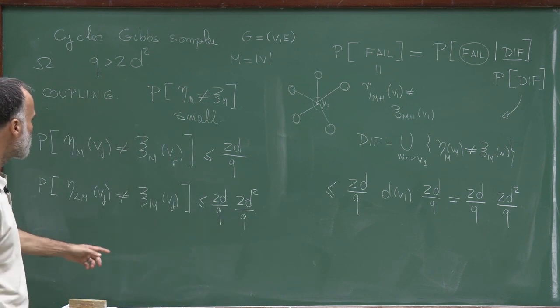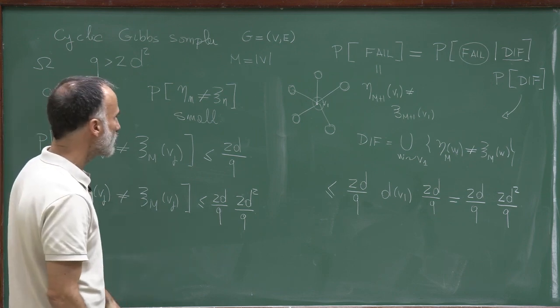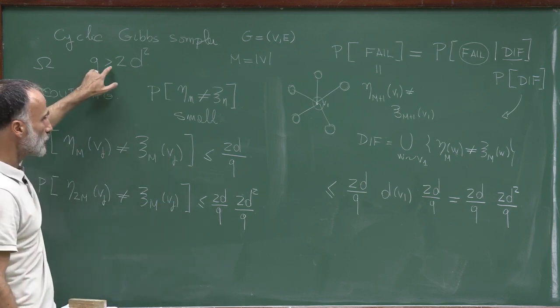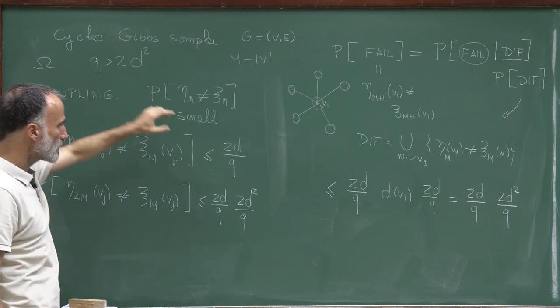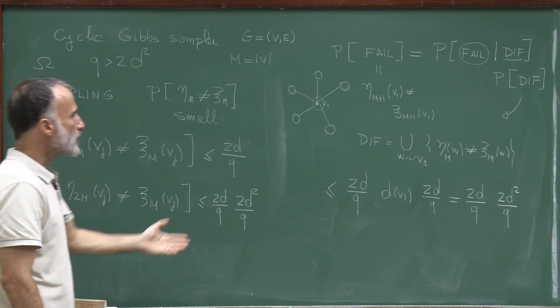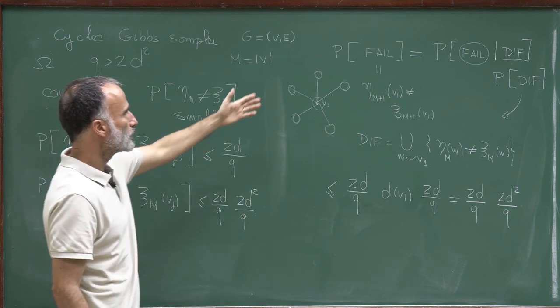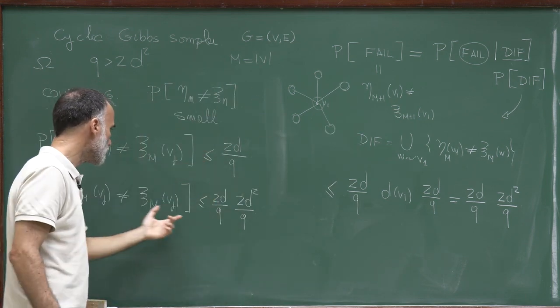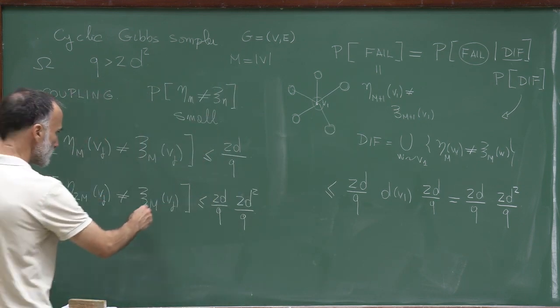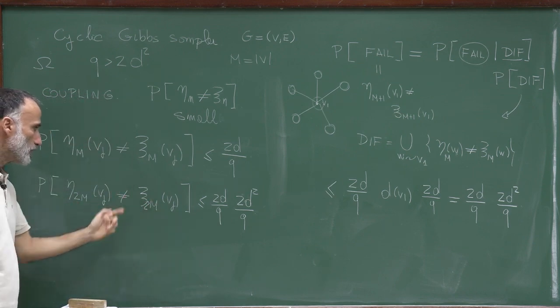And I can repeat this argument for all vertices vj. This is why I asked q to be larger than 2d squared, to make this quantity bounded by 1. The argument I used for vertex v1, I can use for any vertex, and it will provide me this bound for the probability that at time 2m the colors are different on the vertex vj.